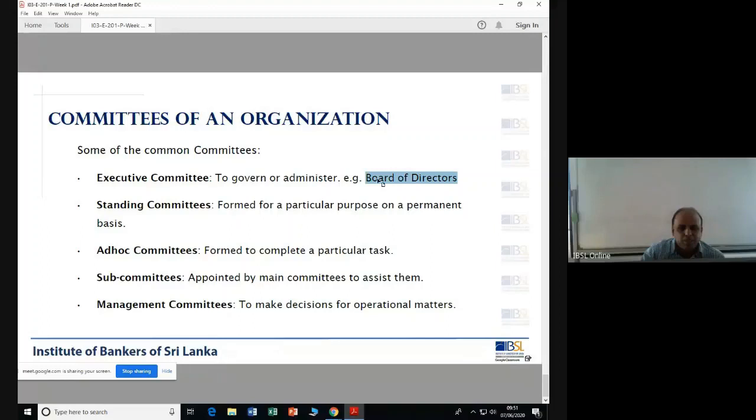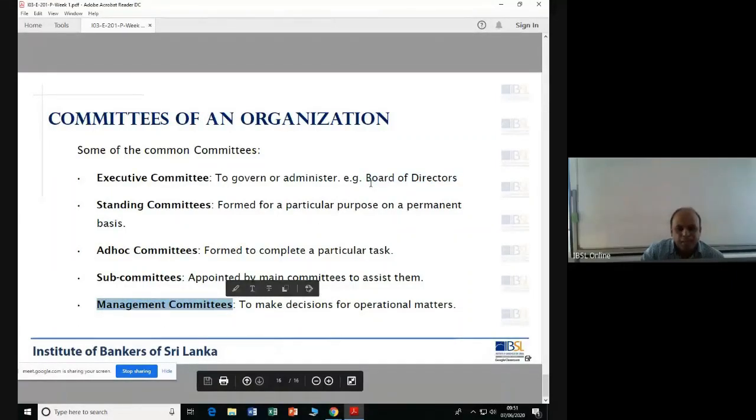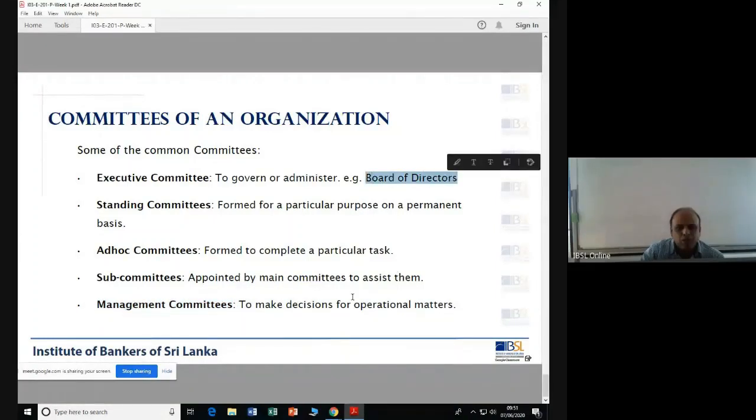But the board of directors cannot act on the floor to carry out these operations. So in order to carry forward their decisions, they have management committees. They take forward the decisions made at the board level, which cover the operational matters of the business concern.